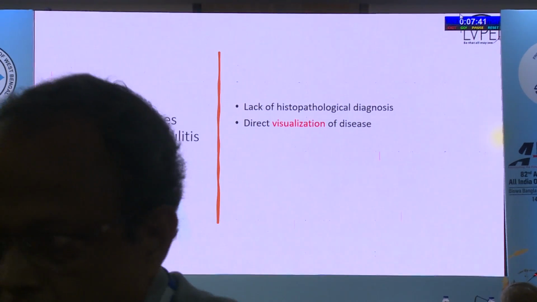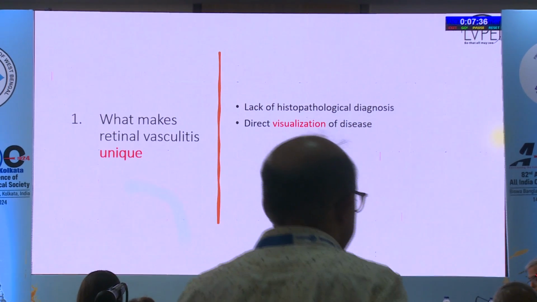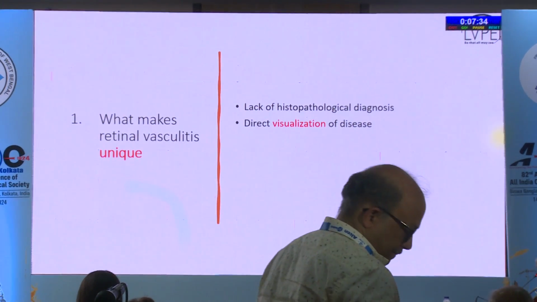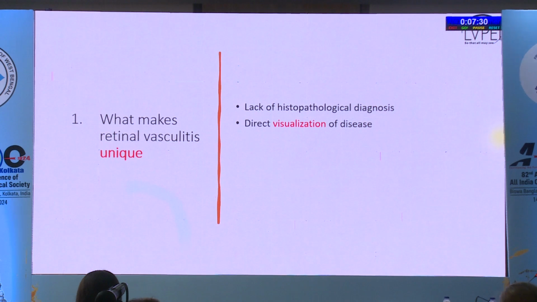And it is quite different from systemic vasculitis, because if you speak to our rheumatology colleagues, they'll tell you that they need a histopathological diagnosis to call it vasculitis. On the other hand, we do not have that, but we can directly see the disease, which our rheumatology or other colleagues in other specialties can't do. Directly seeing the retinal vasculitis in the patient is a huge advantage.